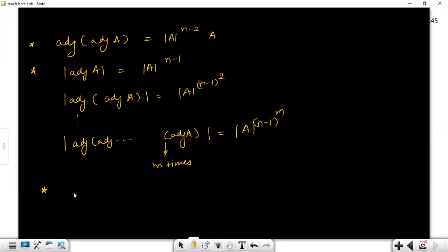Let's move to more properties. We have to find the adjoint of a matrix multiplied by a scalar. K is a scalar, meaning a constant, like 1, minus 1, 2, 3, 4.